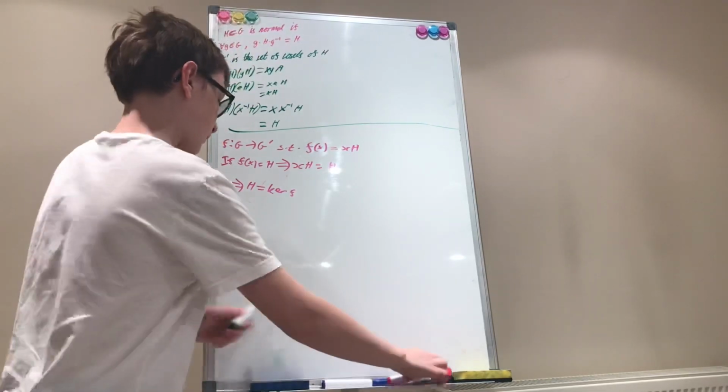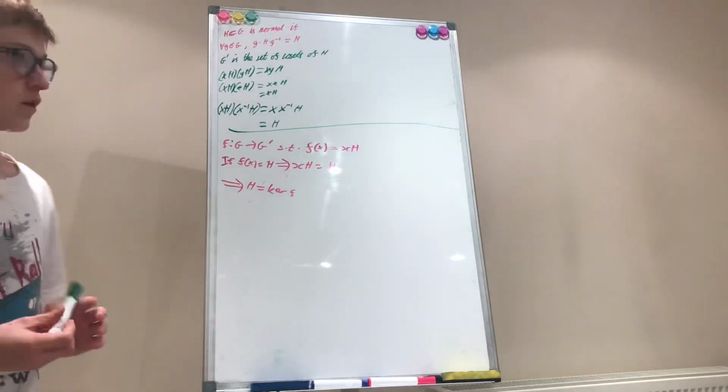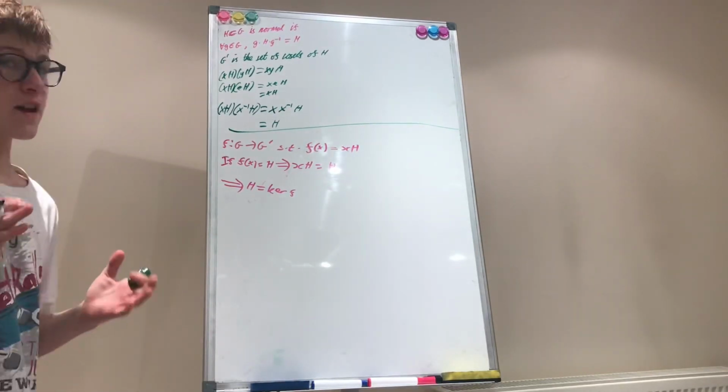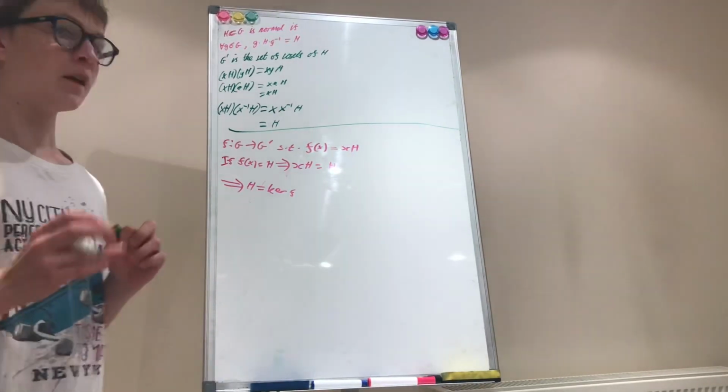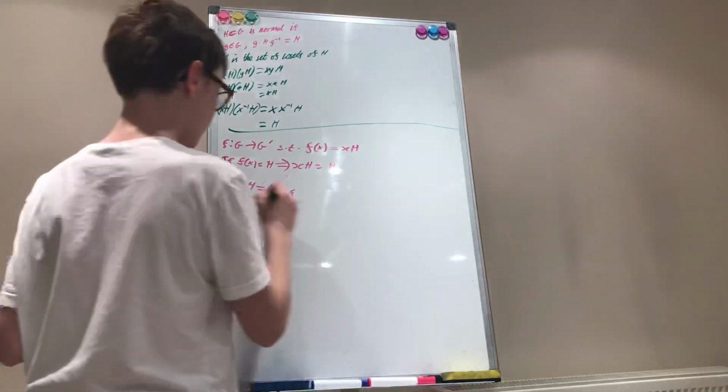Now, what we actually constructed here is called a quotient group.